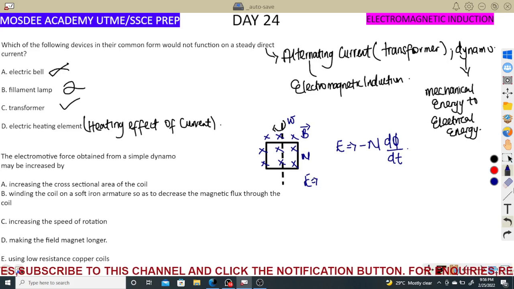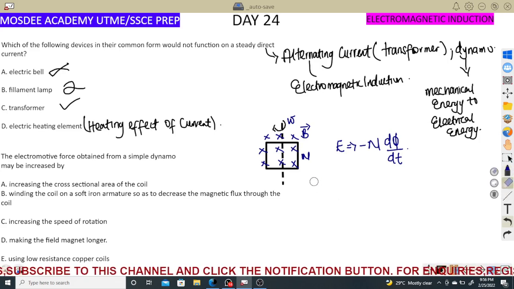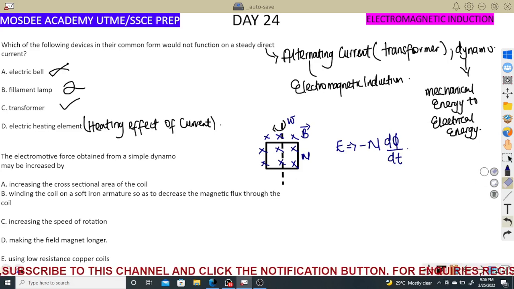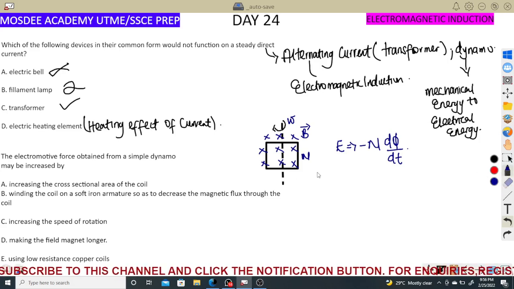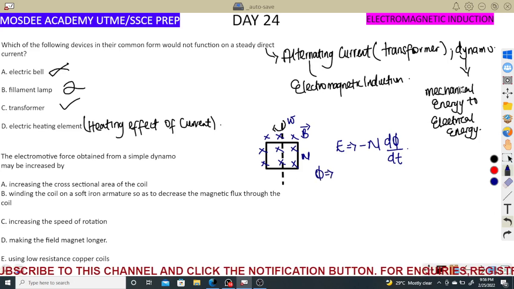Or let's say the flux. Let us not go into EMF now. As this thing is rotating, there will be a number of different fluxes. So the flux that is generated inside this rectangular coil, which is like a dynamo, just like a simple generator for a very simple form of example, IGCSE.